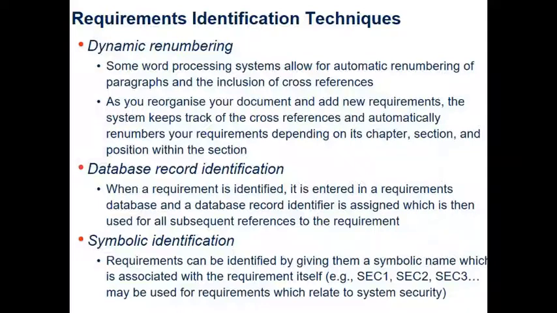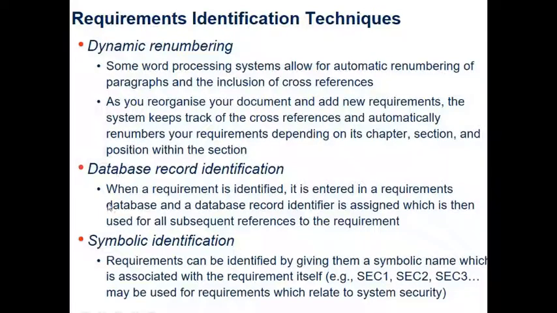So you had 1 2 3 4 5, and now you're adding a new entry after number 3. So now you have a new number 4, and the old number 4 will now become number 5, and the old number 5 will now become number 6. So you need to be able to manage that and have a dynamic renumbering, right? So is this similar to how we have references in Microsoft Word? So we have some tools that allow for dynamic renumbering.